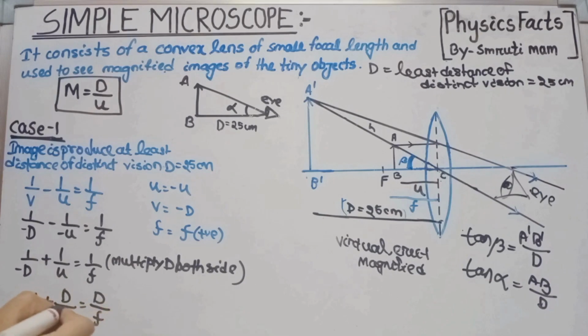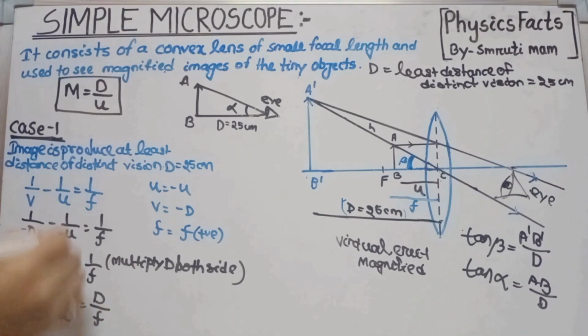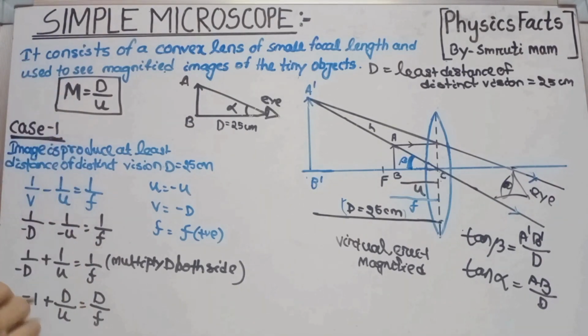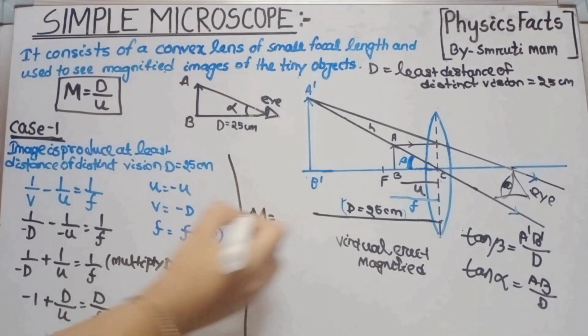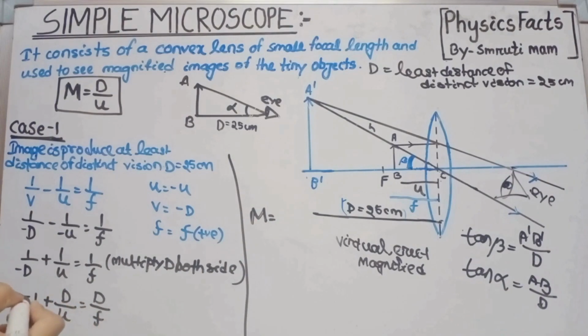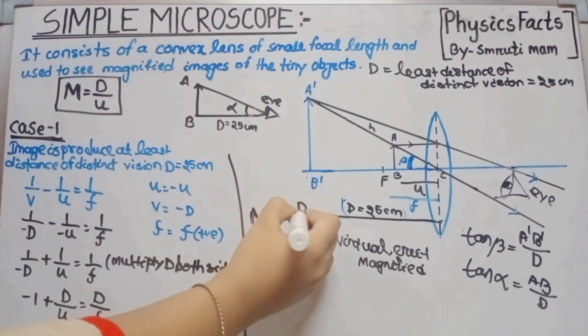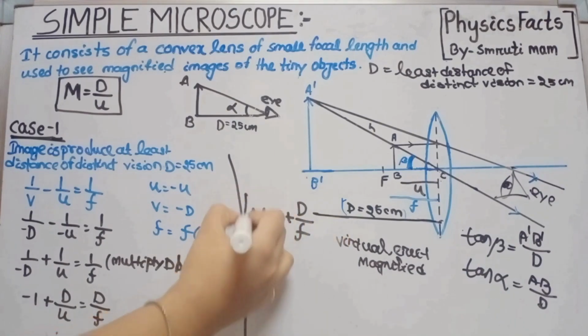Okay, d by u, what is this, d by u is the magnification, angular magnification. So here in case of d by u we put m equals to, that is d by f and 1 go to this side, now m equals to 1 plus d by f.